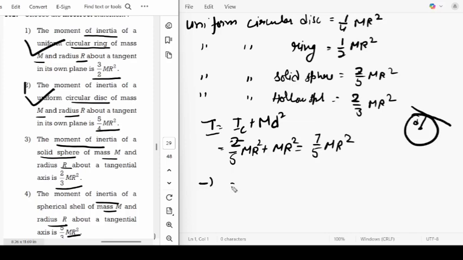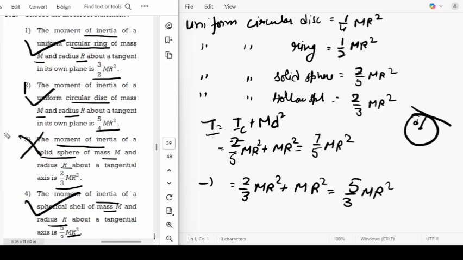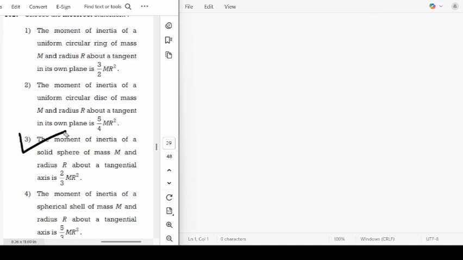Next is hollow sphere. Its moment of inertia is 2 by 3 mr square plus mr square. That comes out equal to 5 by 3 mr square. So our option 4 is also correct. Option 3 is incorrect. So we can conclude that our option 3 is incorrect. So in this question, option 3 is valid.